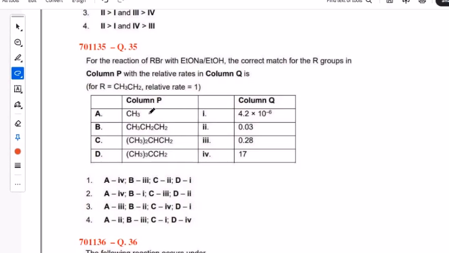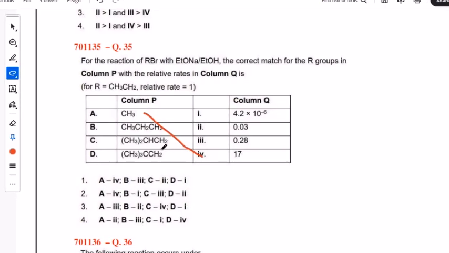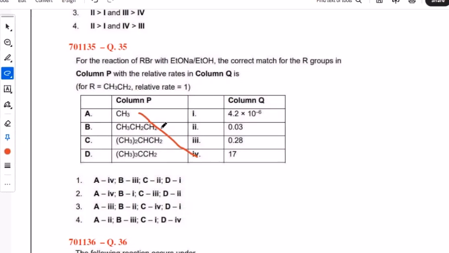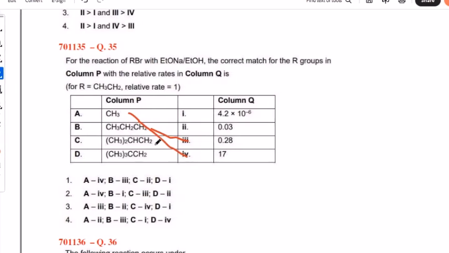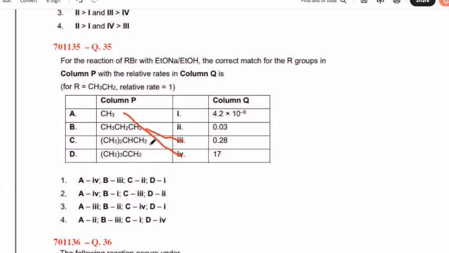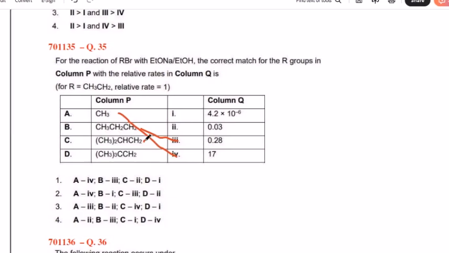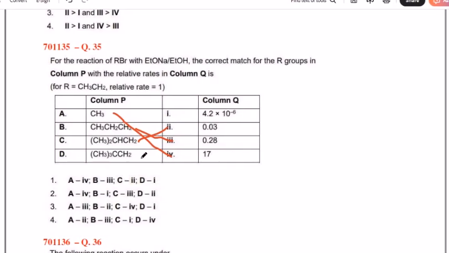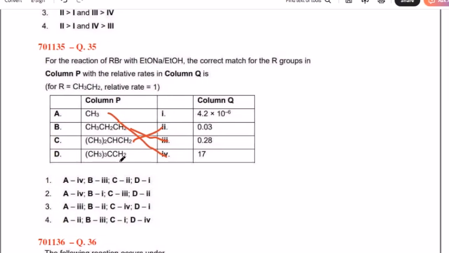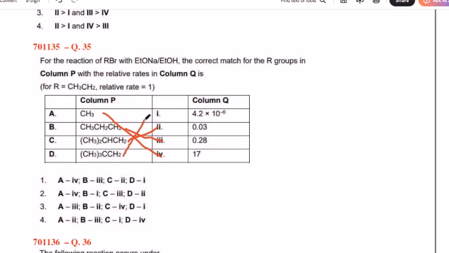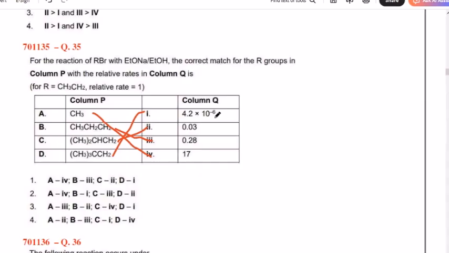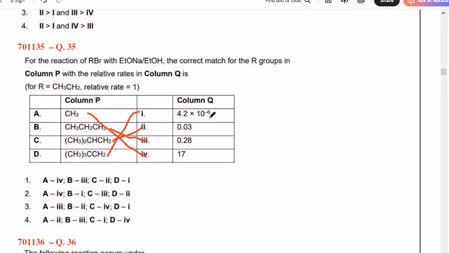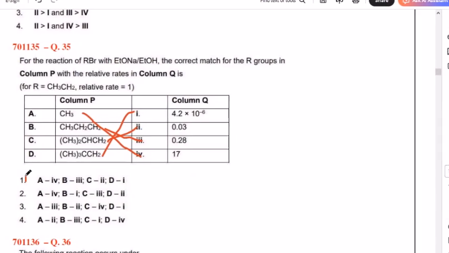Methyl is going to be 17, propyl is going to be 0.28, isobutyl is going to be 0.03, and neopentyl is going to be 4.2 times 10 to the minus 6. So the option is number 1, that is 4321.